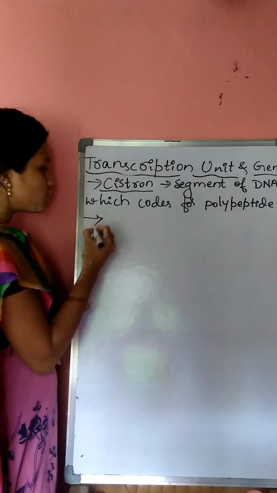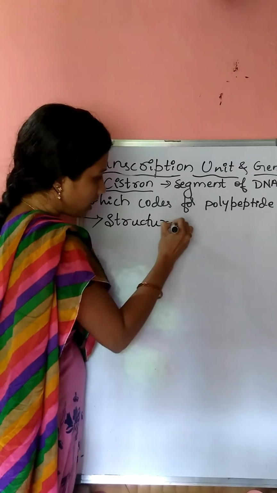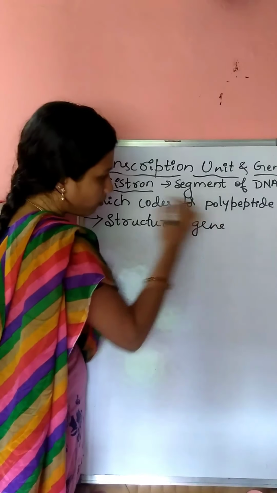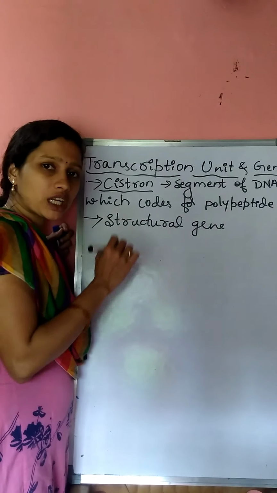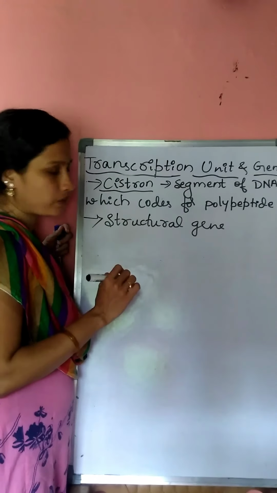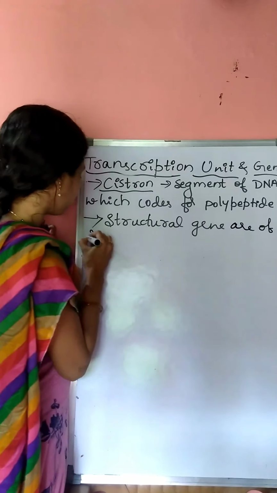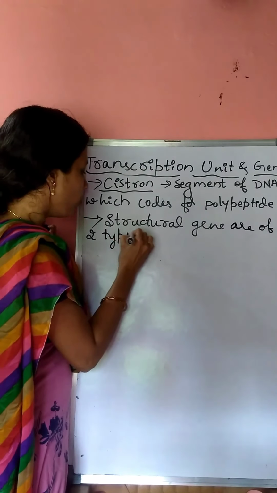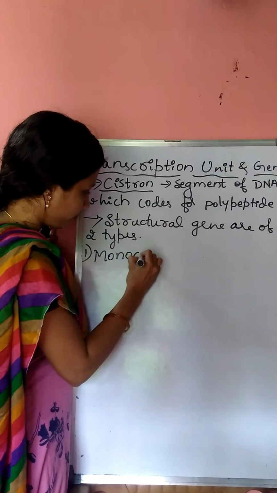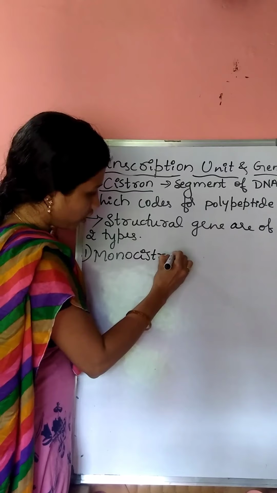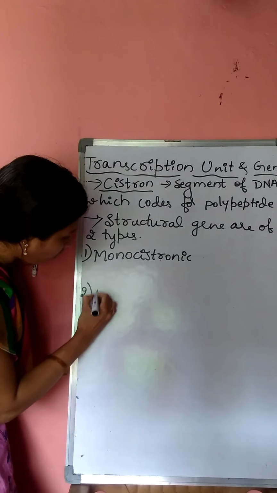The structural gene is the region present in the transcription unit of DNA which gets transcribed. Structural genes are of two types, monocistronic and polycistronic.